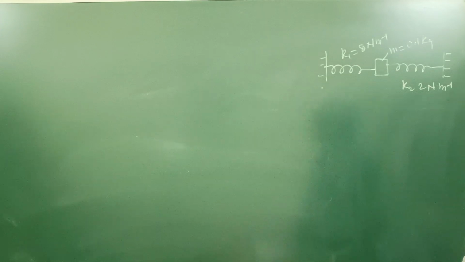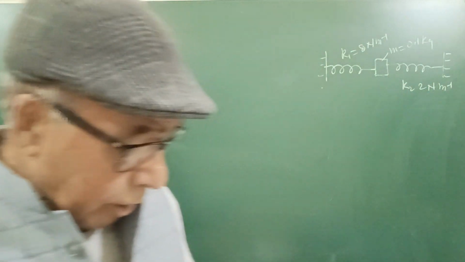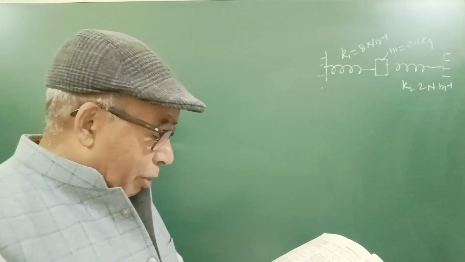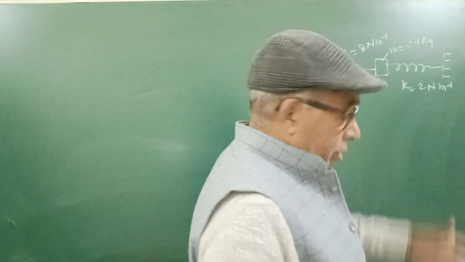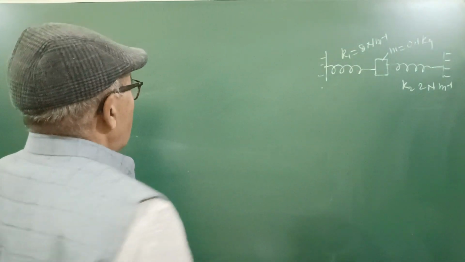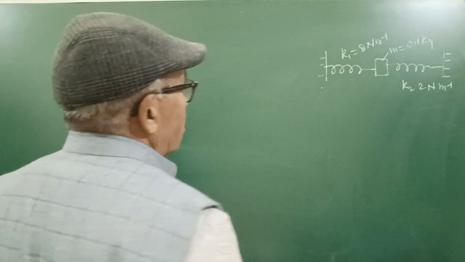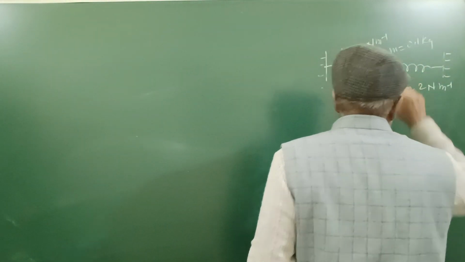As students see, because they don't practice themselves, they feel it is a very difficult question. What is asked here? Calculate the frequency of vibration if the body is displaced, then frequency of vibration n. So here too, if this spring is compressed, it will extend.